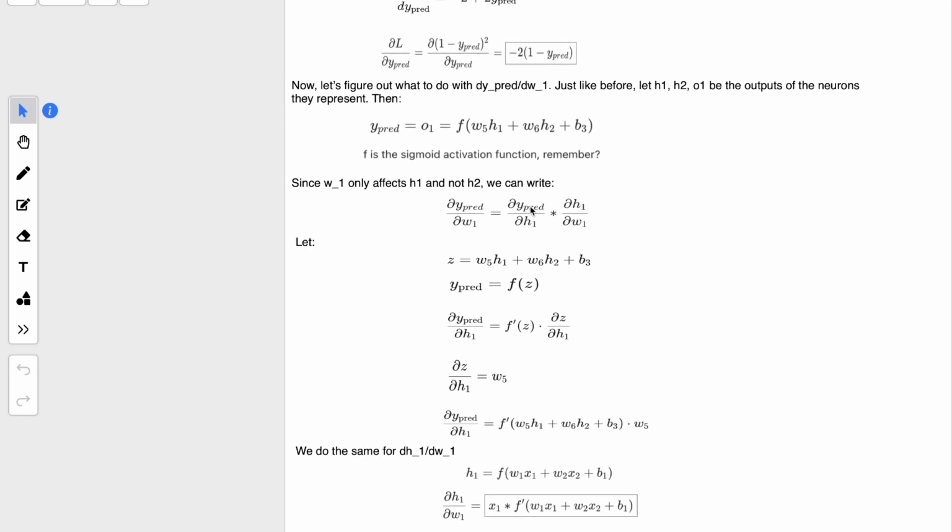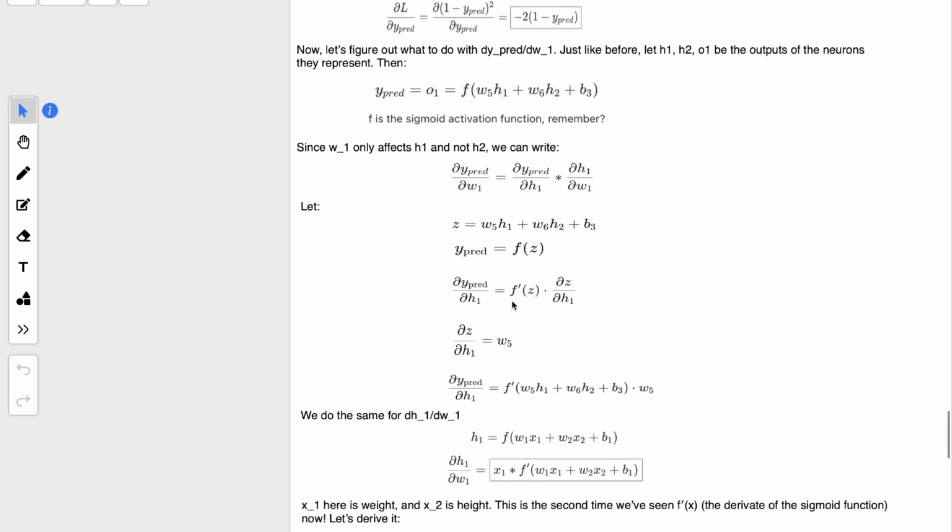Now ypred is an activation function where the weighted sum is passed, right? So when we calculate the derivative of this, which is delta ypred by delta h1, this is the derivative of that activation function into the derivative of z, which is delta z by delta h1, which turns out to be w5, and that is what we have written here.